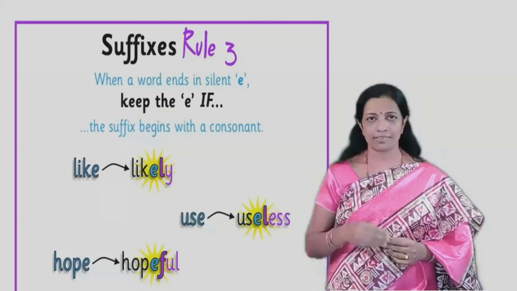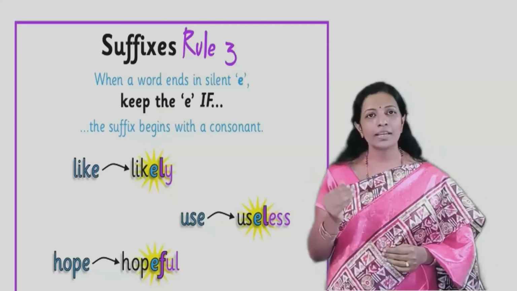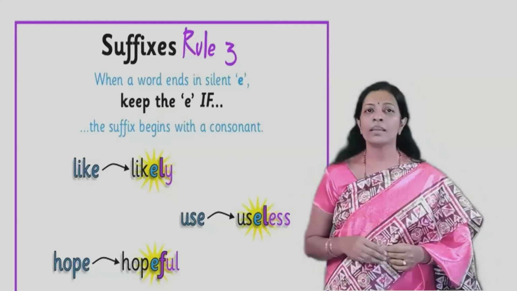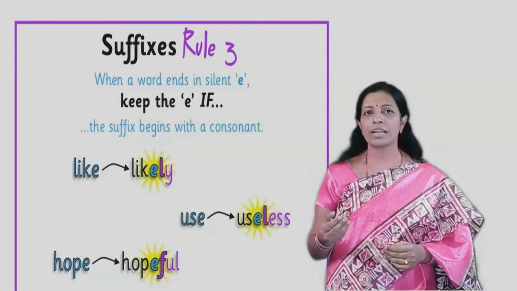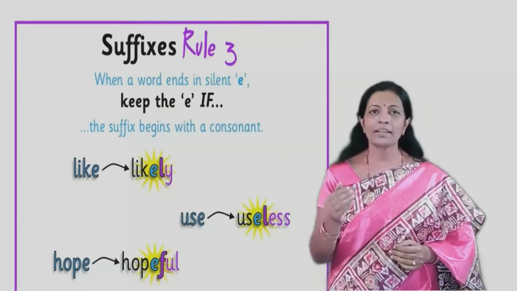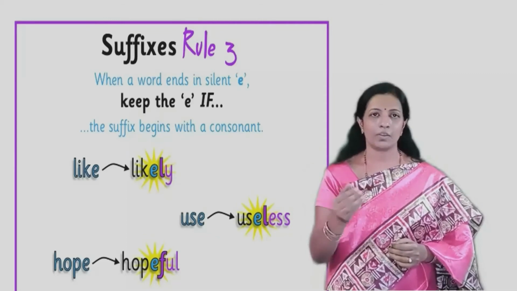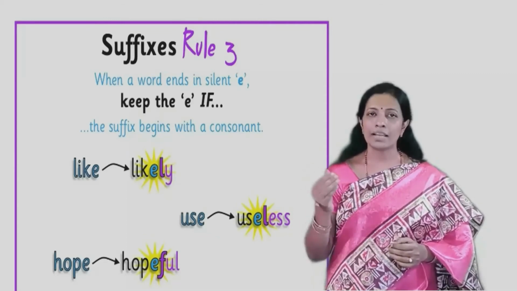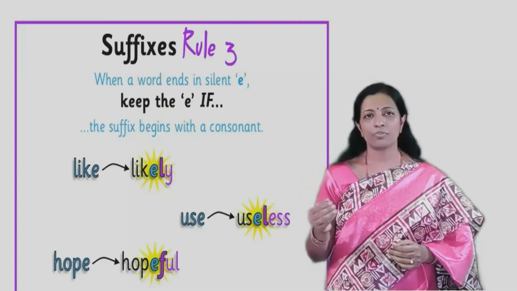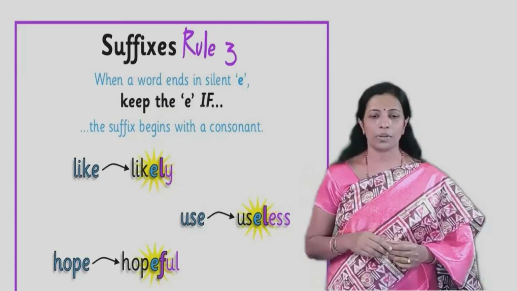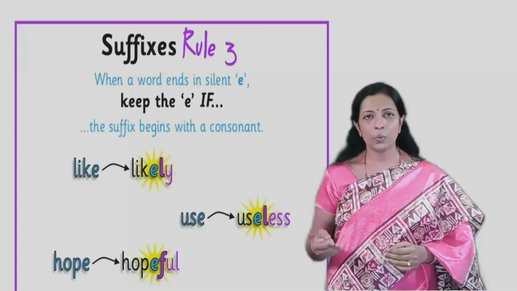So, for example, if we take the word like, the word like ends with the letter E, but when we pronounce the word like, E is silent. Now, when we add the suffix ly to like, we find that the new word which is formed is likely, and the spelling of the new word includes the E. Similarly, use.